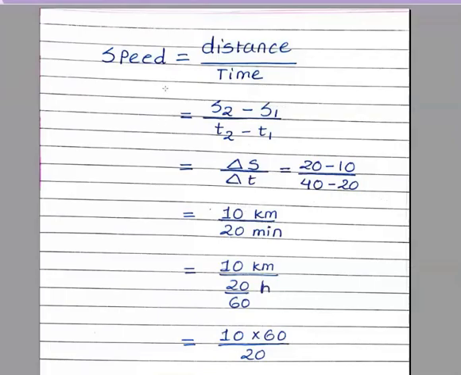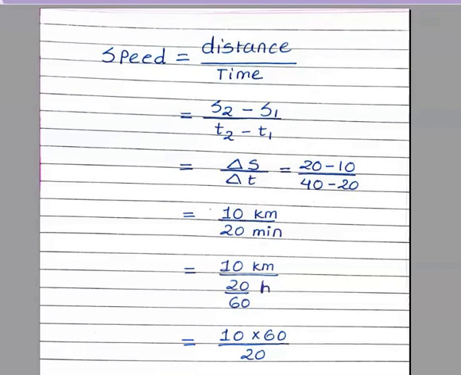We know that speed is equal to distance upon time, where distance is s2 minus s1 and time is t2 minus t1. So the change in distance is 20 minus 10, that is 10 kilometer, and in case of time it is 40 minus 20, that is 20 minutes.